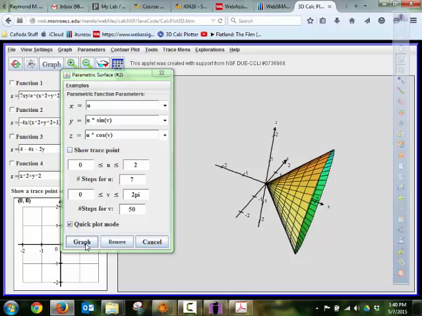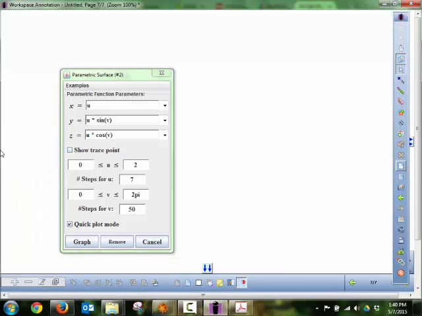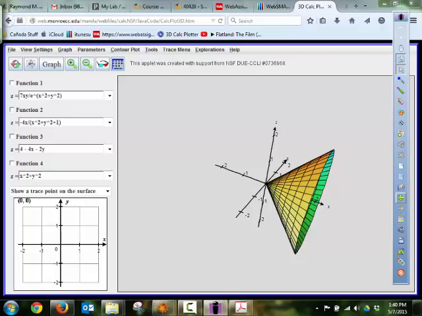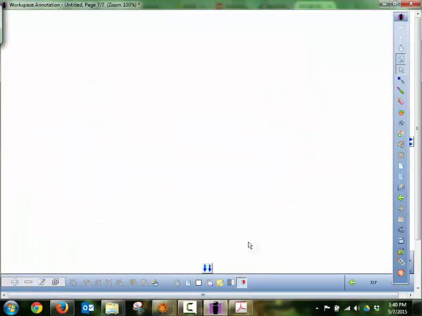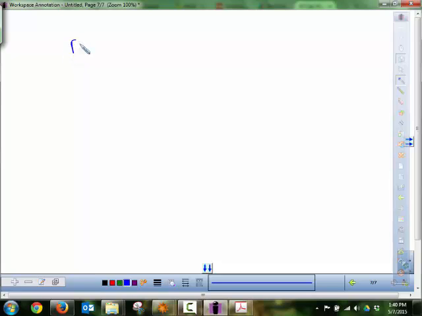Let's look at it a different way. Let's look at the curve, right? So if we take a look at the curve, x equals sine t, y equals cosine t.